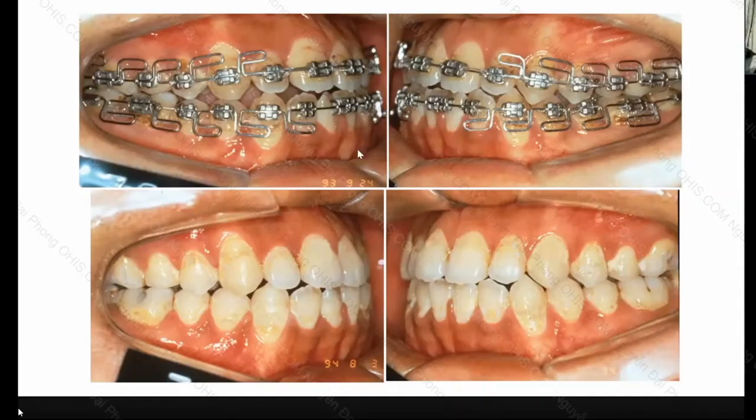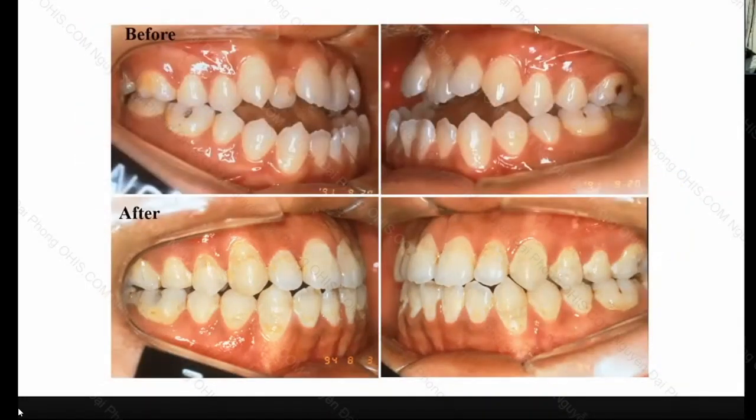Therefore there is some decalcification here. But anyway, this kind of case shows some possibility to change or correct class 3 open bite cases. This is before, not after, but anyway, some improvement.